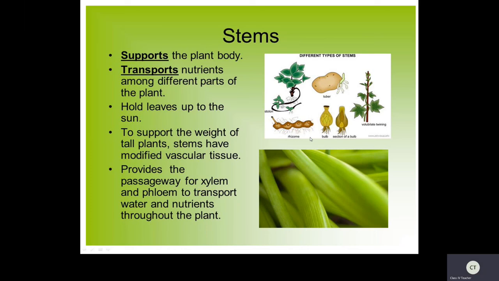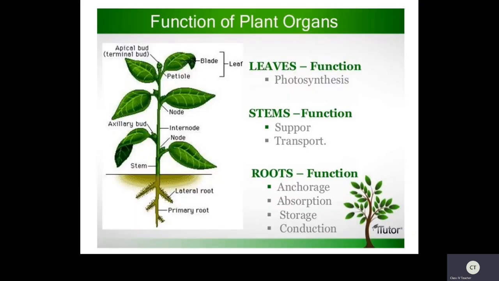Okay children, did you understand about stem? Functions of stem? Yes. Now see here, stem's function: support and also helps in the transport of water and minerals. See, these are roots. From the roots, water and minerals will be absorbed slowly and sent to the stem.